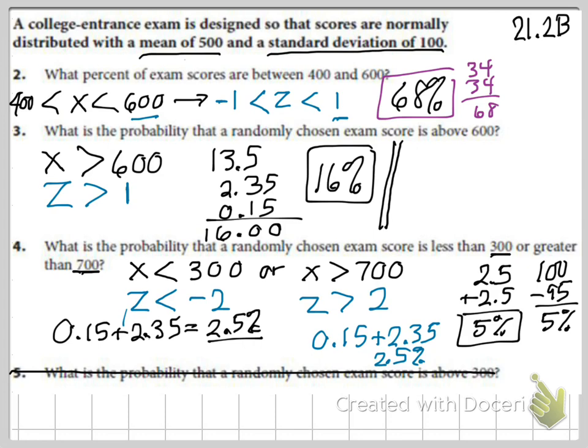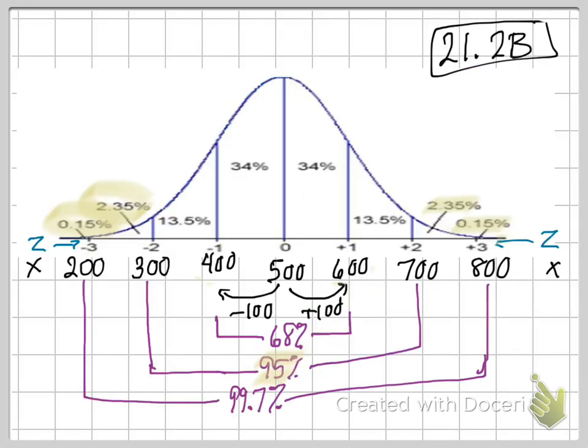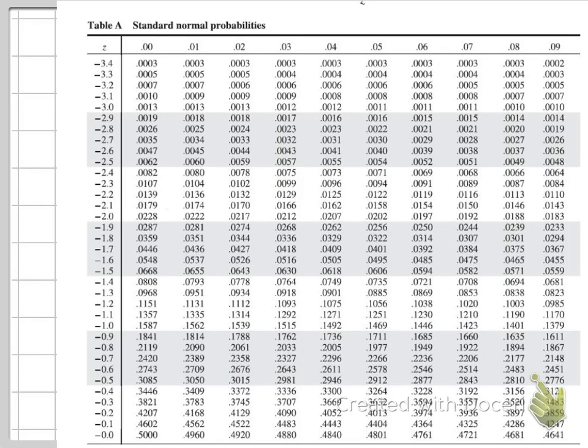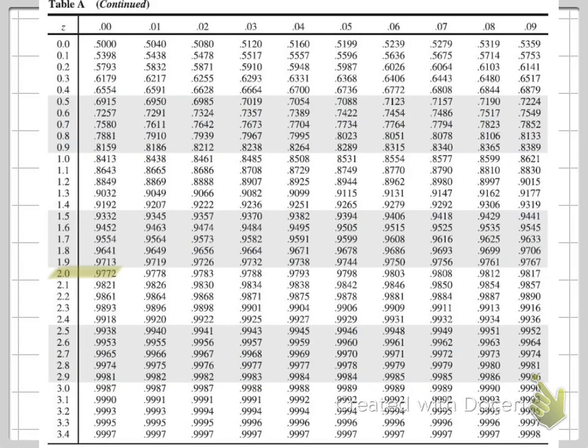We're still going to be dealing with x greater than 600, z greater than 1. I'm going to go over to my table and find one more page. Got to find the positive page. Say z is greater than 1. Let's find 1.